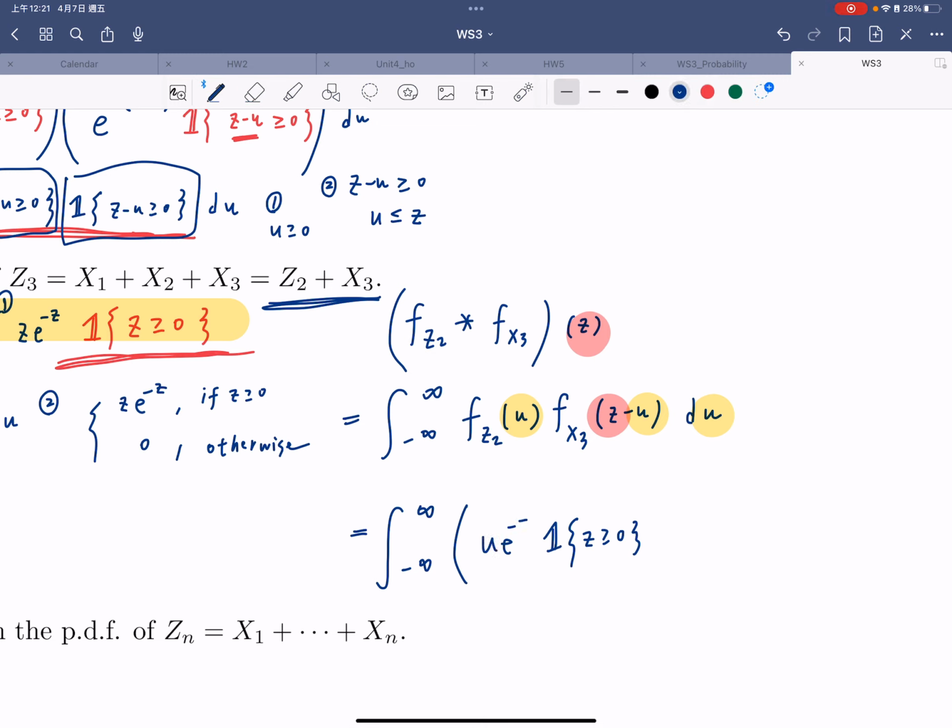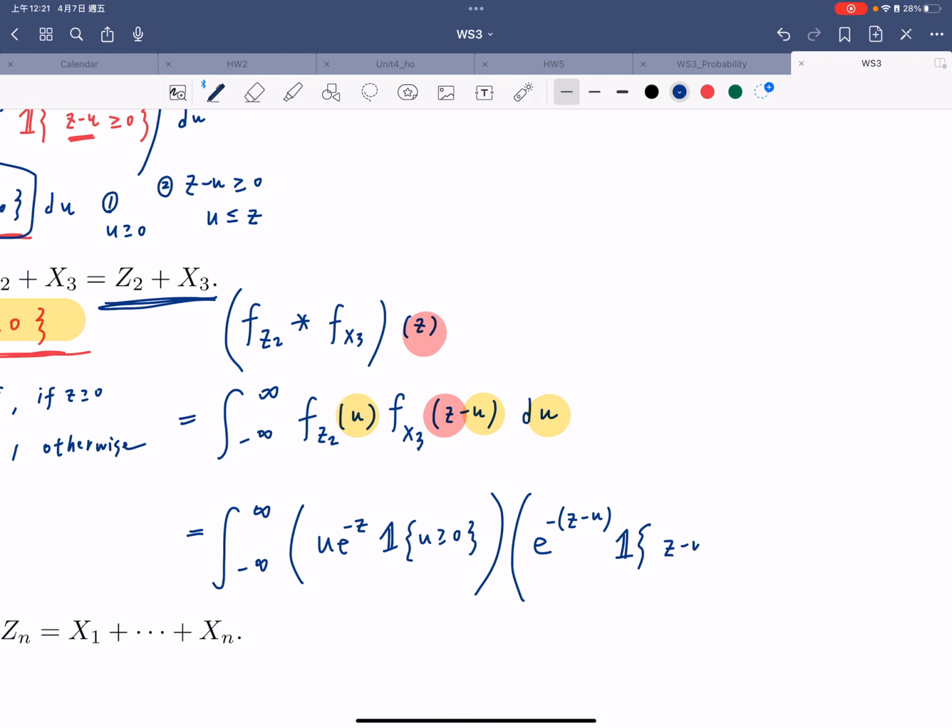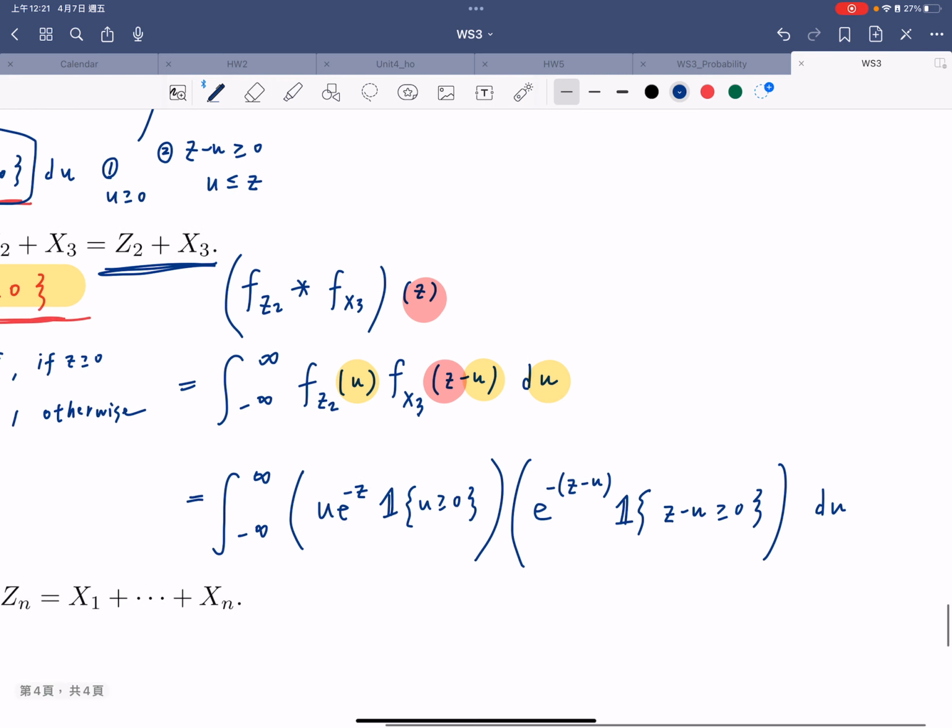So u. And the second one is x. So x is exponential to the z minus u, indicator z minus u greater than 0. So be careful. It's not complicated. It just needs care.